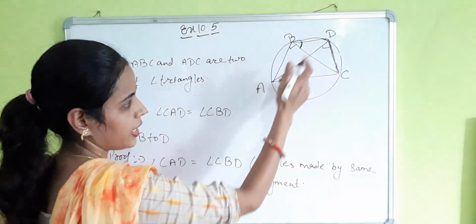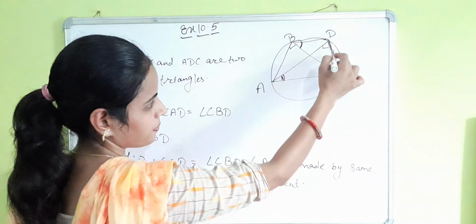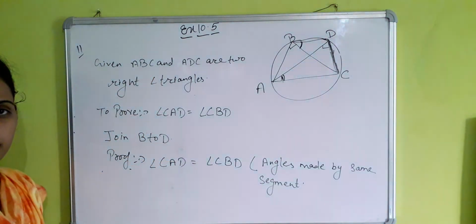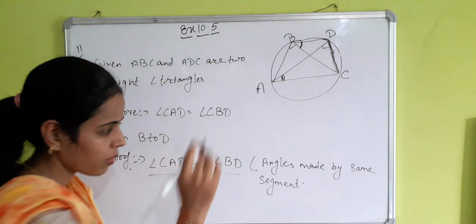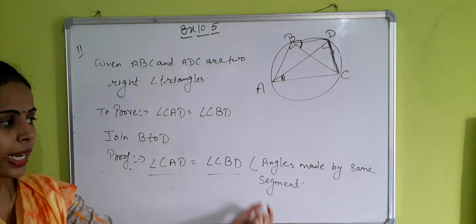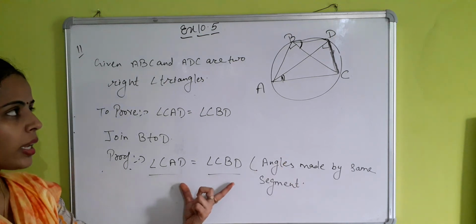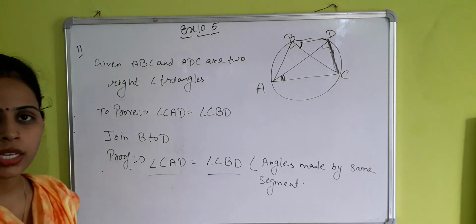Angle CAD, this angle, and CBD are made by this arc D and C. These two angles are equal because angles made by the same segment, or we can say that angles in the same segment are equal. So these two angles are equal. Question number 11 is complete.